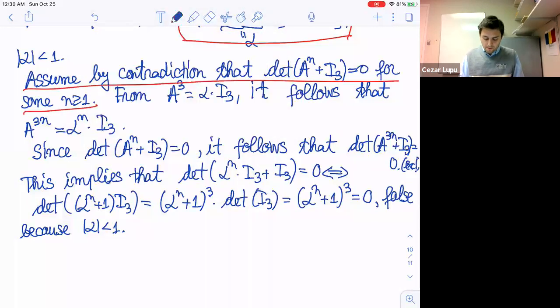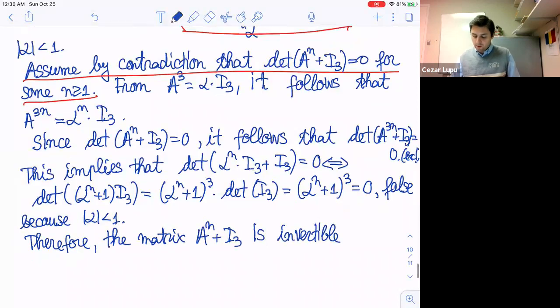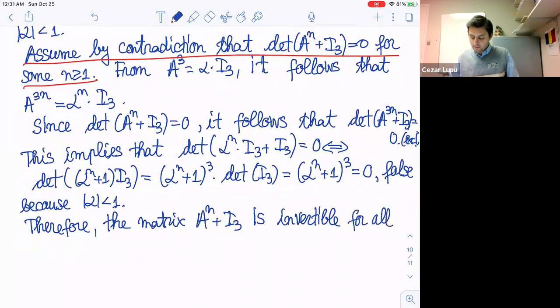So therefore, the matrix A to the power n plus the identity is invertible for all n greater or equal than 1, and we're done.